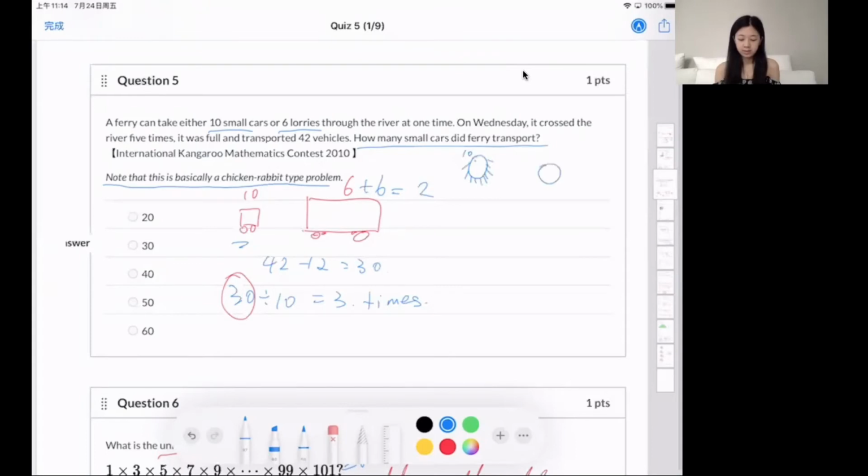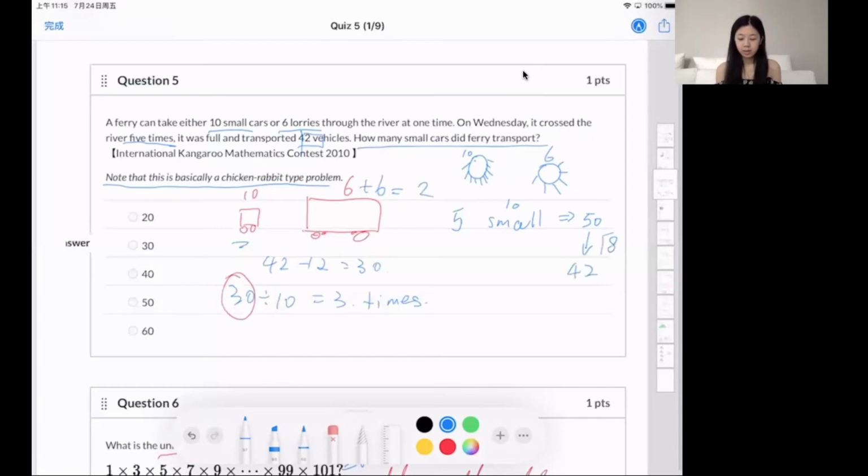And then we assume that it crossed 5 times, right? So we have 5 animals in total. If they're all small animals, which all have 10 feet, total we have 50 feet, right?